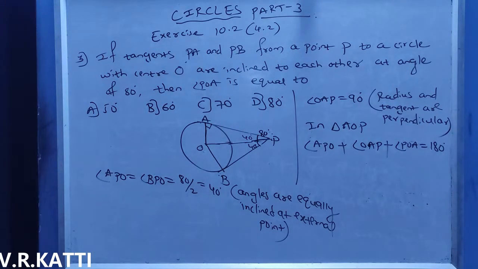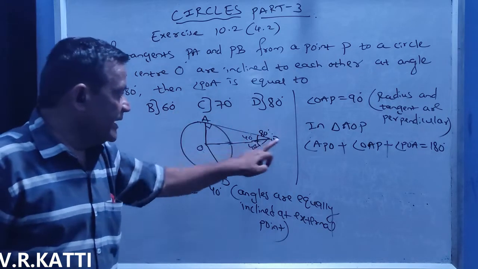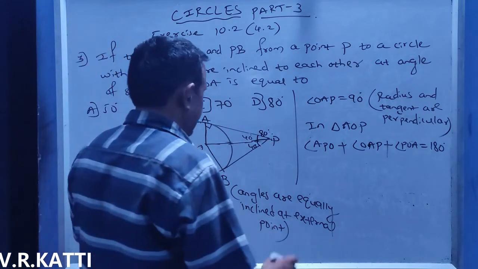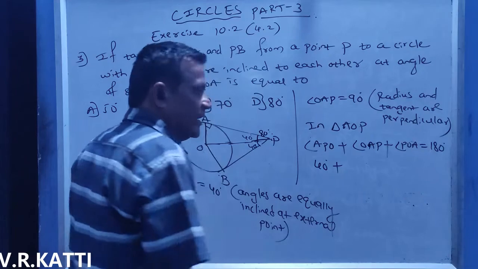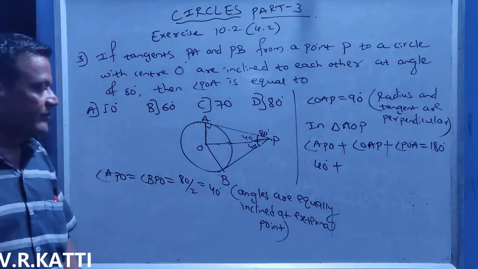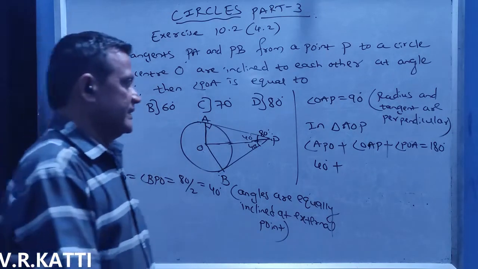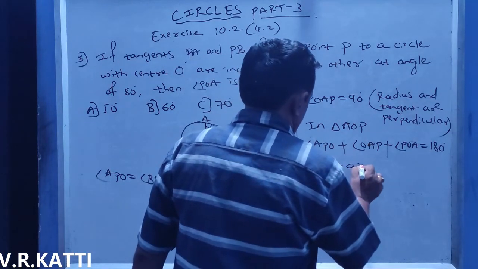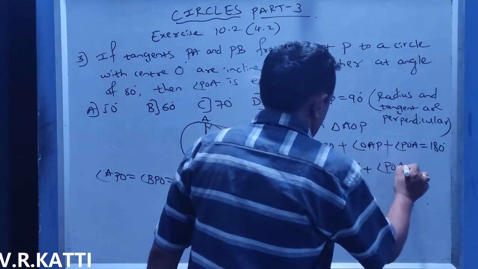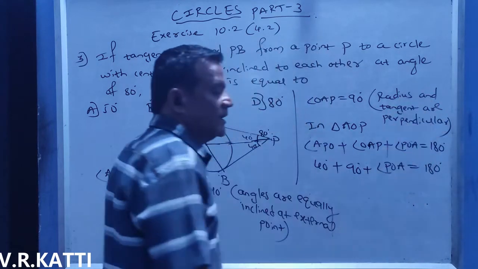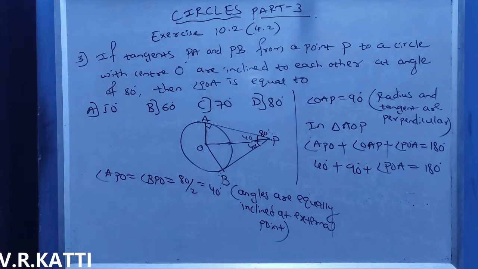Now substitute the values. APO is 40. OAP is 90. Plus angle POA equals 180.